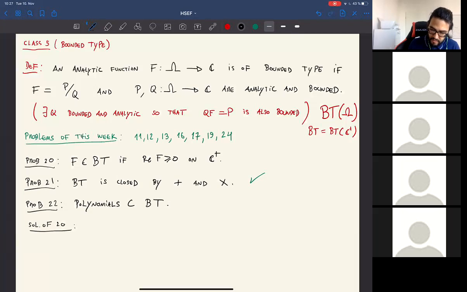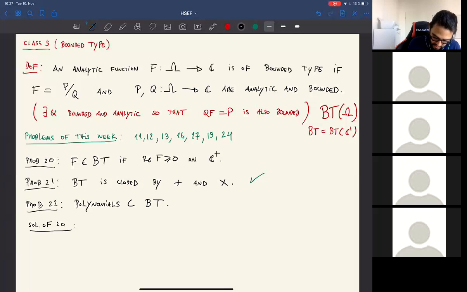Okay, 21 is solved. Now 20, well, if I want to show that f is of bounded type, I could show just that 1 plus f is of bounded type, because bounded type is closed by addition, and definitely the constant function equal to 1 is of bounded type. Any bounded function should be of bounded type.